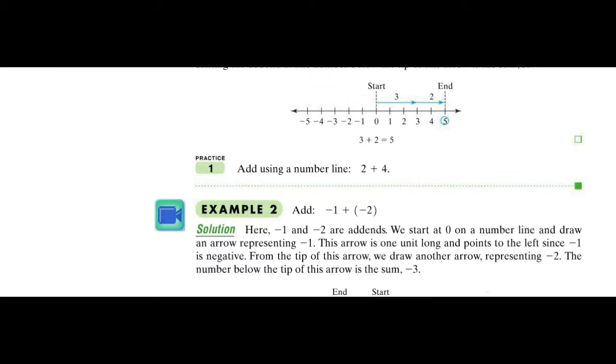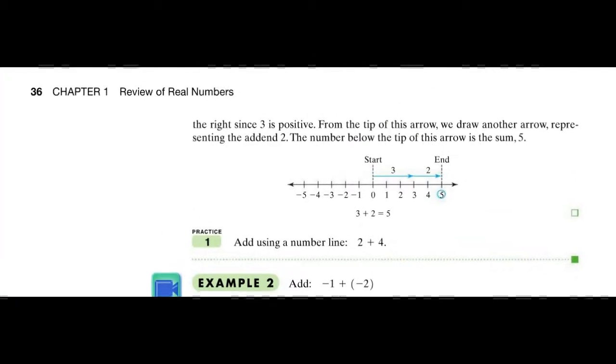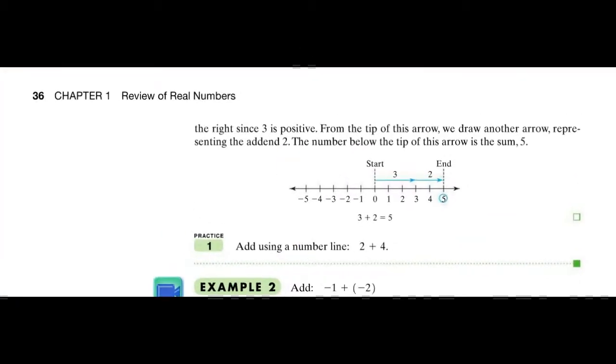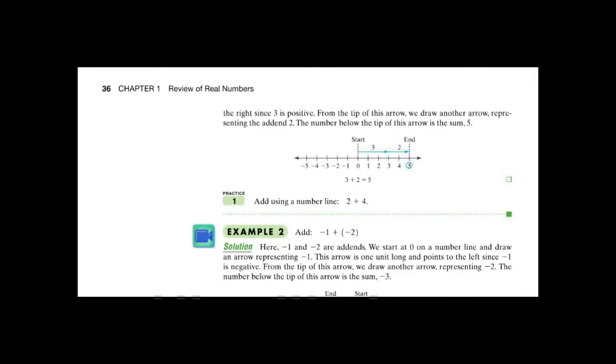So let's go on, and I'll raise this up a little bit here. And they're using a number line to illustrate this, that if we start at 0 and we go over 3 units, that brings us to 3.